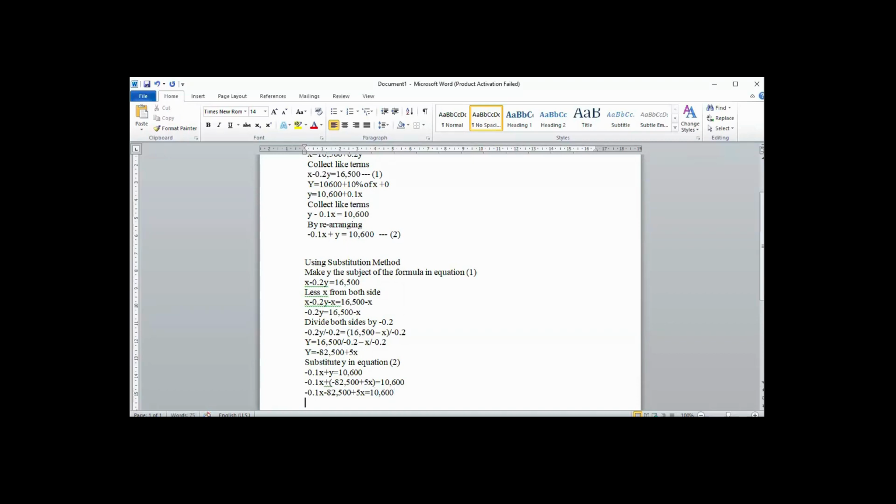Now, the next thing is to collect what? Like terms. Collect like terms.